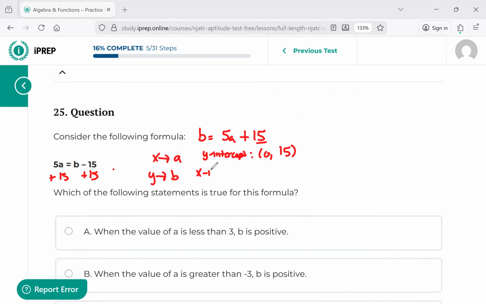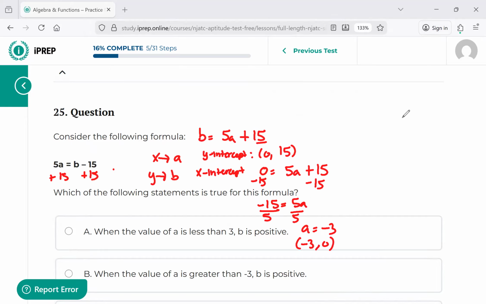My x-intercept is when you set b to 0. Then you have 5a plus 15 equals 0. Solve for a, so we subtract 15 from both sides. We get negative 15 equals 5a, divide by 5. We get a equals negative 15 divided by 5, which is negative 3. So you have an x-intercept at negative 3. Okay, go ahead and start graphing that.